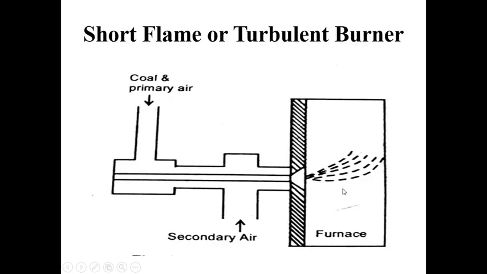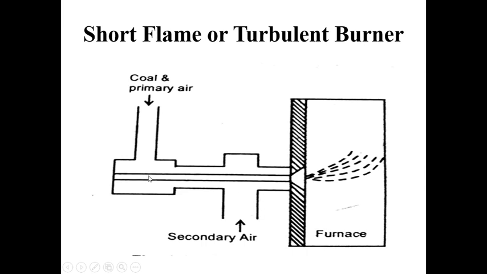The short flame burner is like this: the pulverized coal and primary air are supplied from here, and that is taken and supplied in this form, and you can clearly observe this.